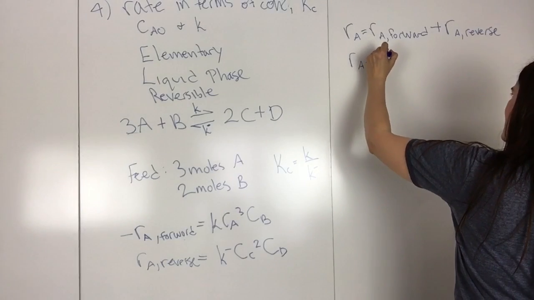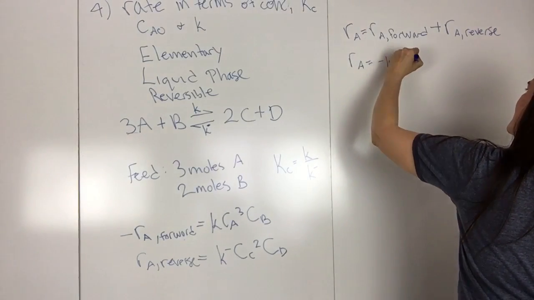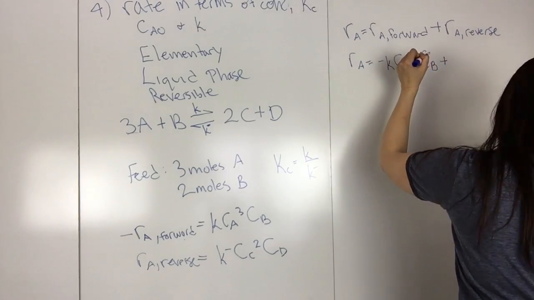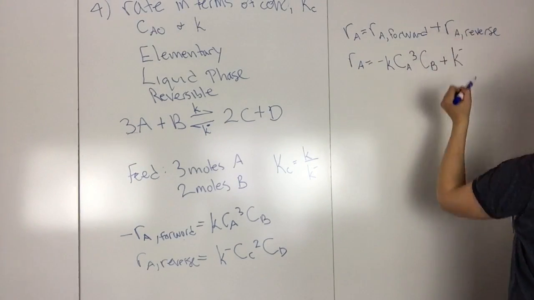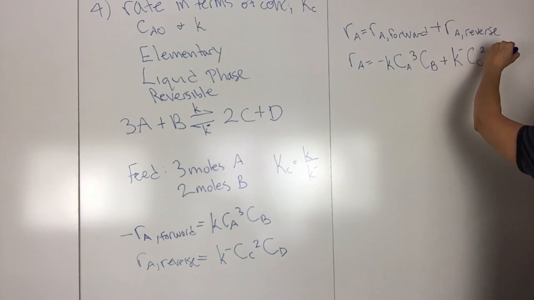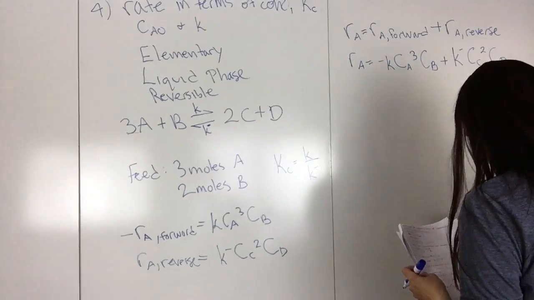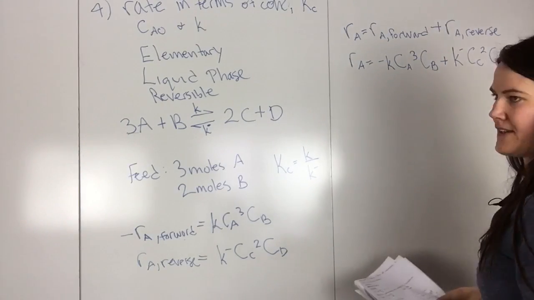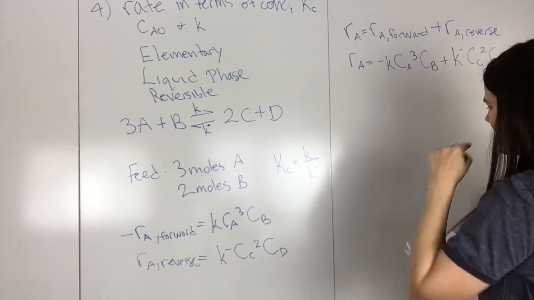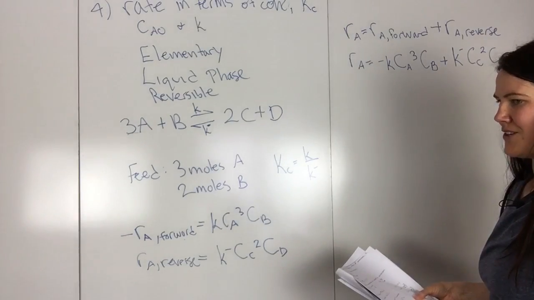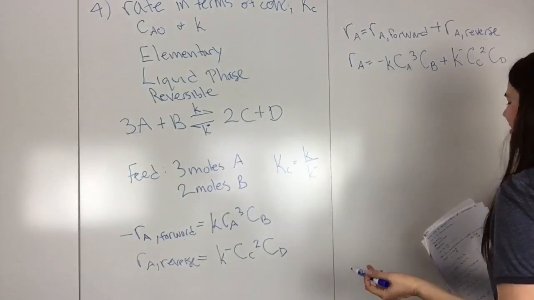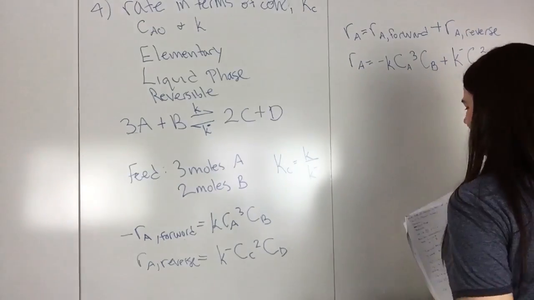So this would be k CA cubed CB plus this one, so CC squared CD. And then we can multiply the entire thing by -1, because right now we have the rate of generation, but we want the rate of disappearance, or people call it different things, and so it can be confusing, but just try and keep track of the signs.